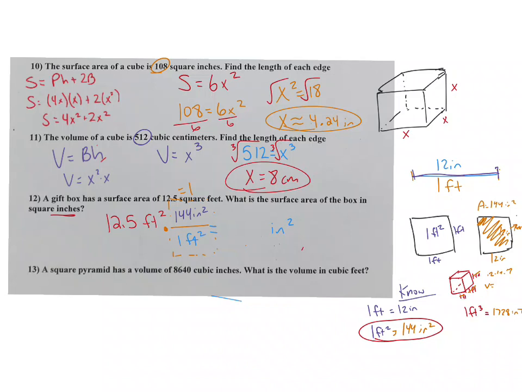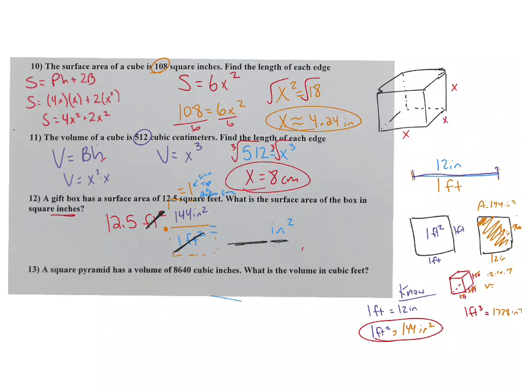This box equals 1 since the top and the bottom are the same. I could have flipped it. I could have written square feet on top and inches on bottom, but here's why I wrote it this way. The feet cancel. And that means the only thing I'm going to end up with is inches.